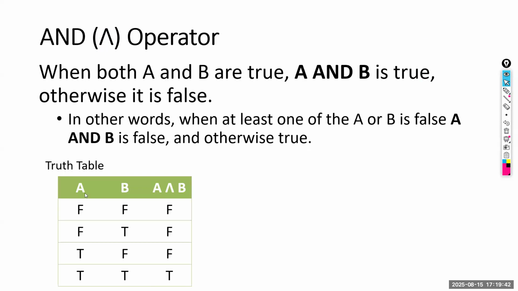If you have two propositions A and B, we say that A and B is true only when both A and B are true. That is by definition. That is how you define the AND operator. So if someone uses the AND operator with two propositions, the result is true only when both are true.